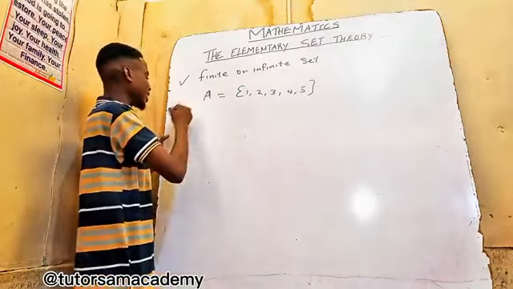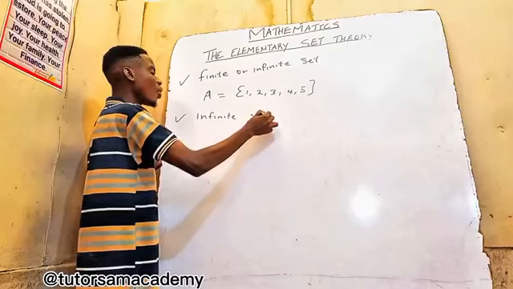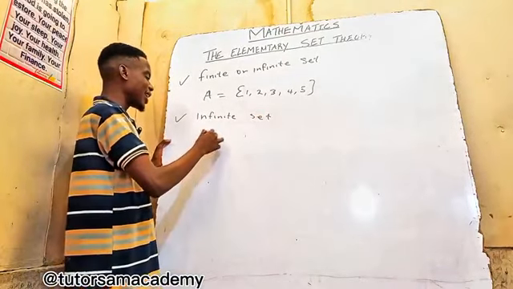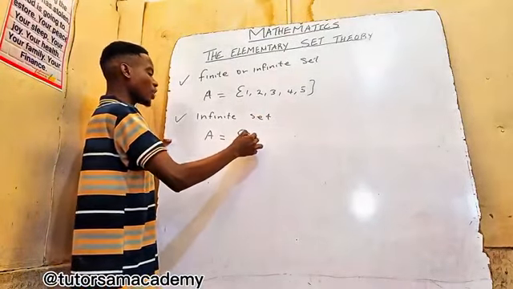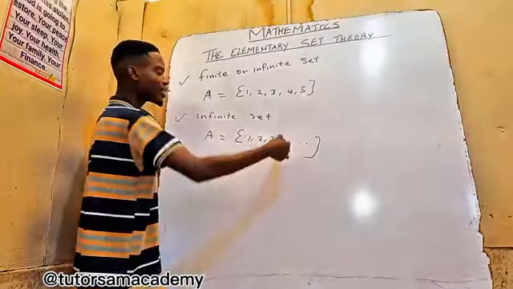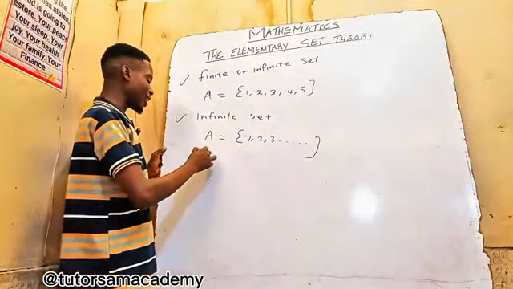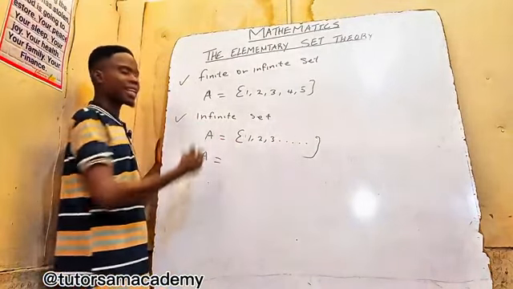While an infinite set is a type of set whose members are uncountable. That is, A can be 1, 2, 3, and so on to infinity. The members are not countable. Or let me use the descriptive method to represent an infinite set.